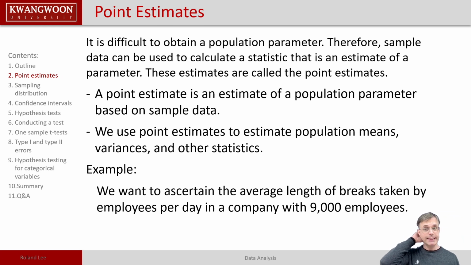To obtain these estimates, we simply apply the function that we wish to measure for our population to a sample of the data. For example, let's assume that there is a company with 9,000 employees, and we are interested in ascertaining the average length of breaks taken by the employees in a single day.